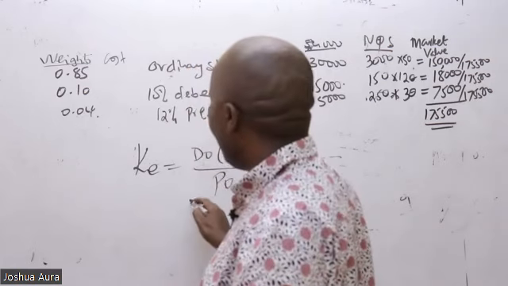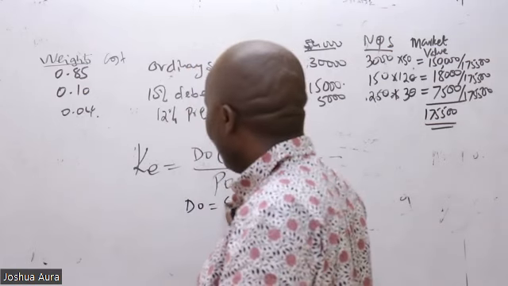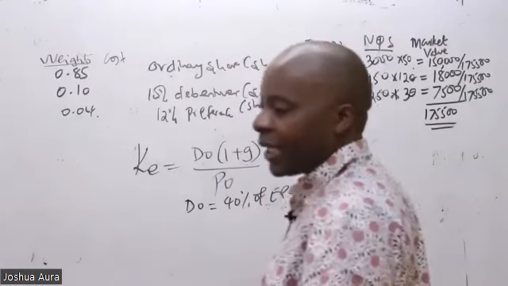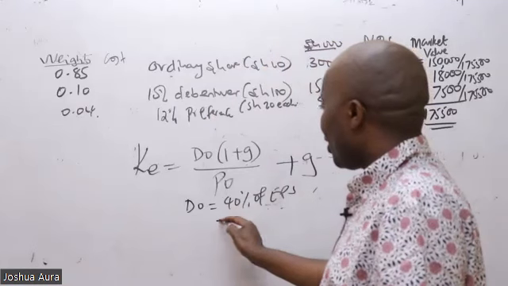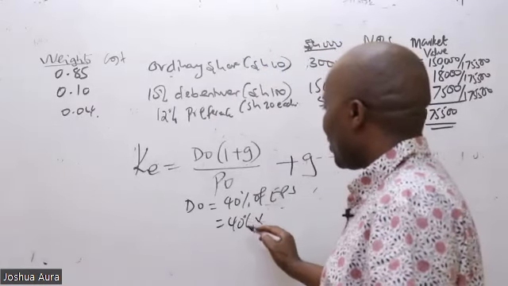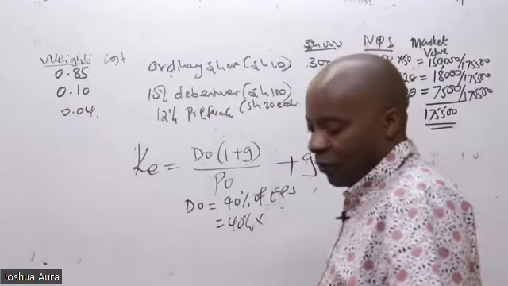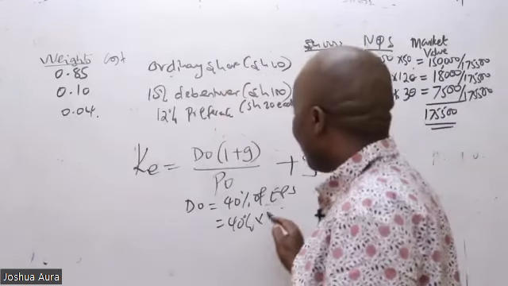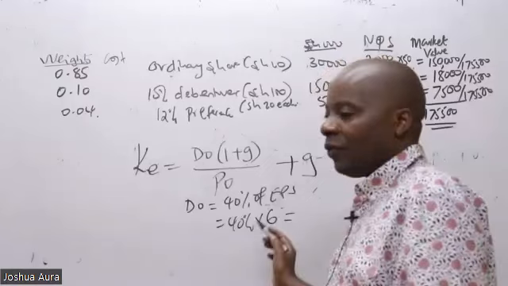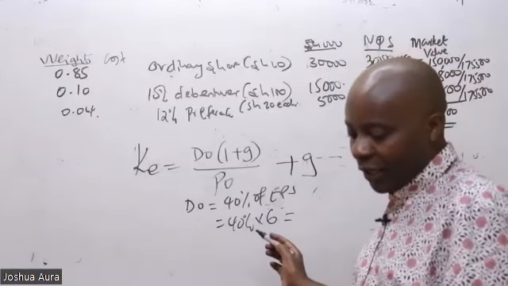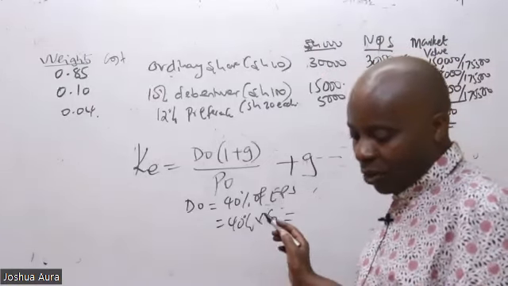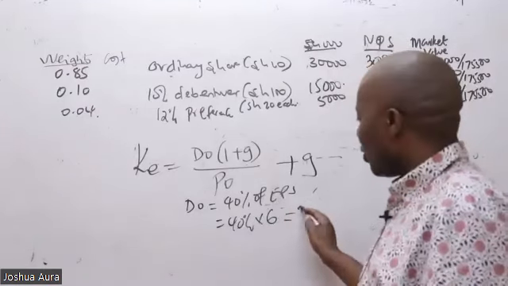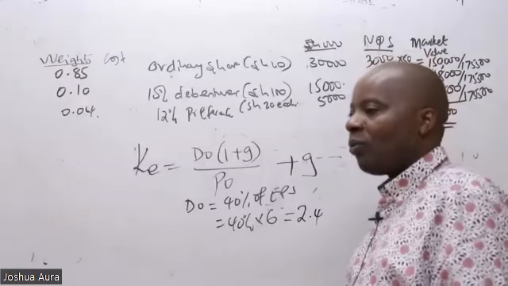So then the dividend here will be 40% of EPS, earnings per share, because it's a dividend payout ratio, of EPS, which has been given in note number 3, EPS 6. So then this will give me what figure, ladies and gentlemen? According to Monica, this is giving us 2.4.